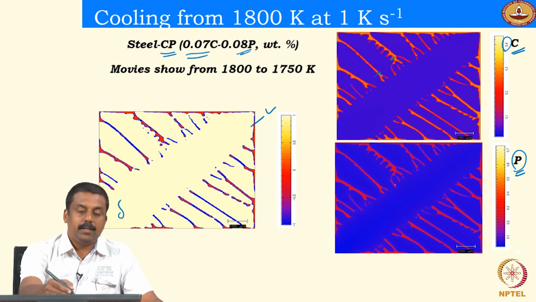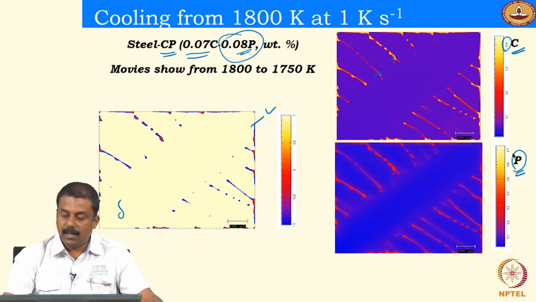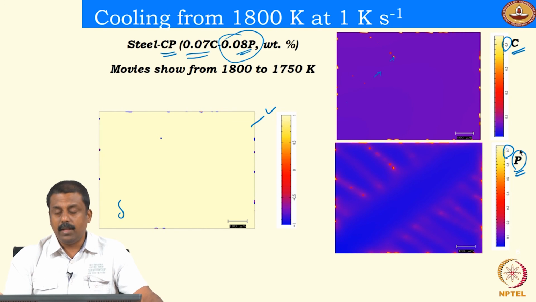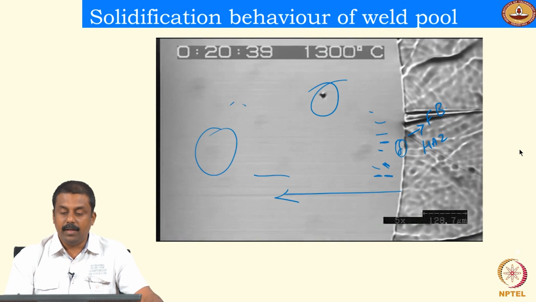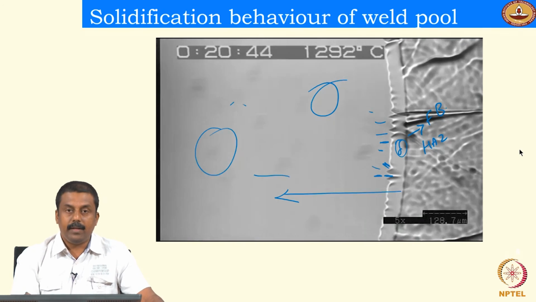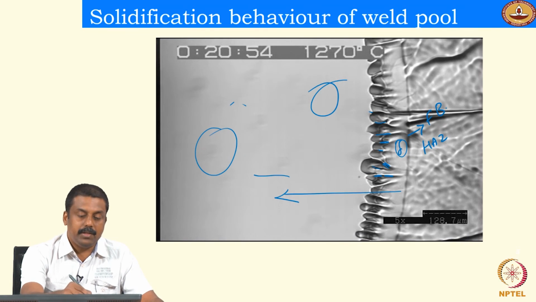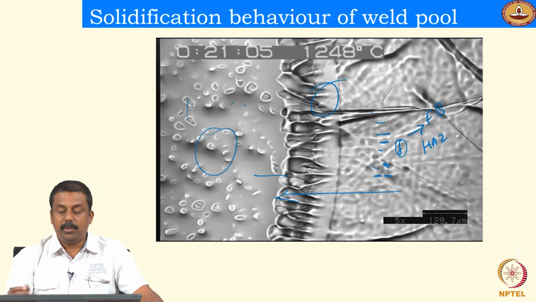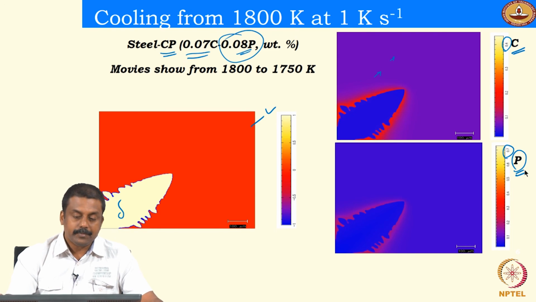So for a bulk phosphorus concentration in the liquid of 0.08, you may end up having enrichment at the dendritic boundaries close to the level of 0.7. So that means in this solidification behavior, you would end up having a segregation at the interdendritic boundaries, as well as in the regions which are solidifying at the end, in carbon and phosphorus, to the tune of 0.4 to 0.7 respectively.